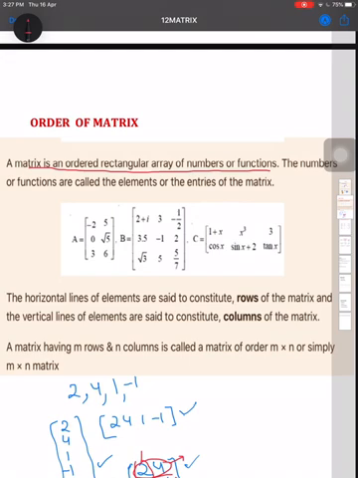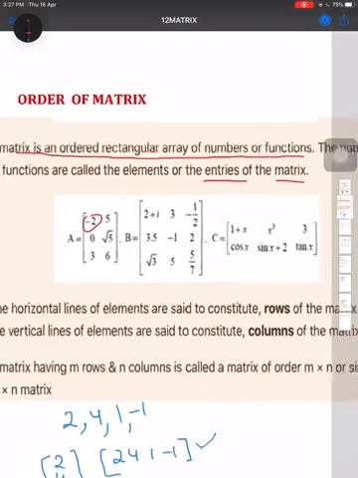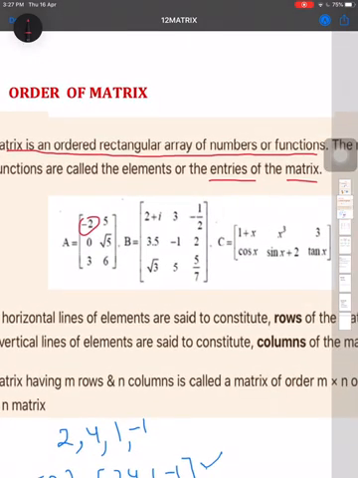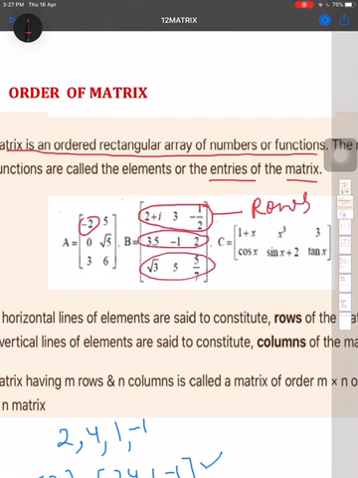So matrix is an ordered rectangular array of numbers or functions, and these functions or elements are called the entries of the matrix. Like this is an entry of the matrix, this particular one is an entry of the matrix. Okay, now in the matrix, these horizontal elements are called the rows. So in this particular one we have 3 rows.